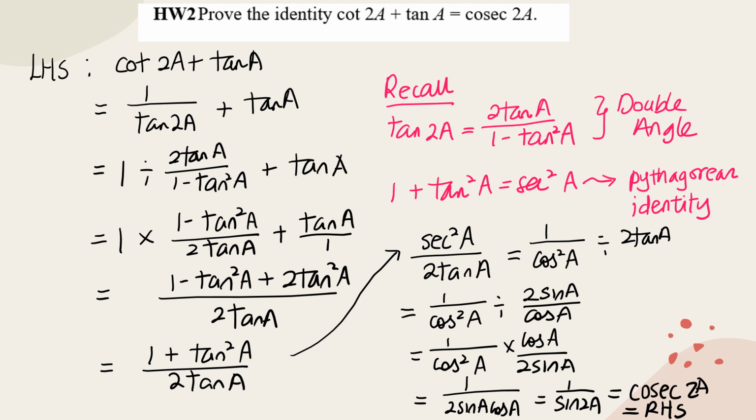If you look at these proving questions, all the questions we have done so far, you realize that if you do not make friends with the formulas, if you do not memorize the formulas, you will find trigonometry very difficult. Because if you do not remember that 1 plus tangent squared a is secant squared a, you will not know how to substitute 1 plus tangent squared a to be secant squared a.